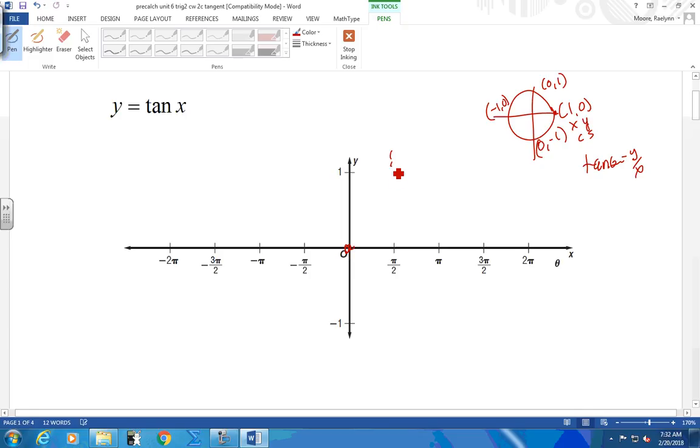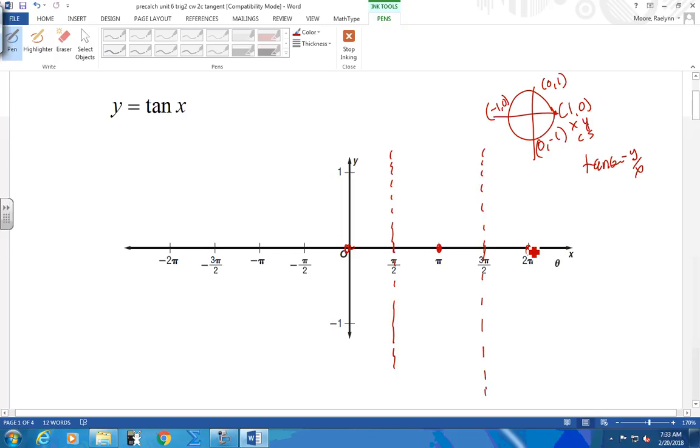So we have an asymptote here. I cannot use 90. Can't happen. Tangent at 180. Still 0. Tangent at 270, 3 pi over 2. Nope, can't divide by 0. I have another asymptote that says don't touch those. And I'm back to 0, back to 0.